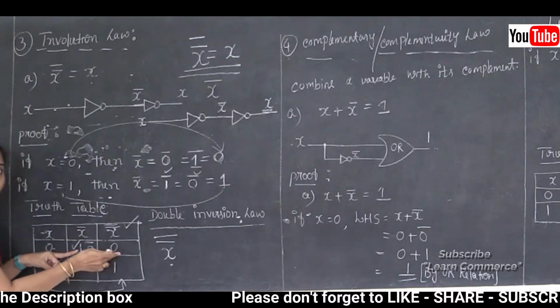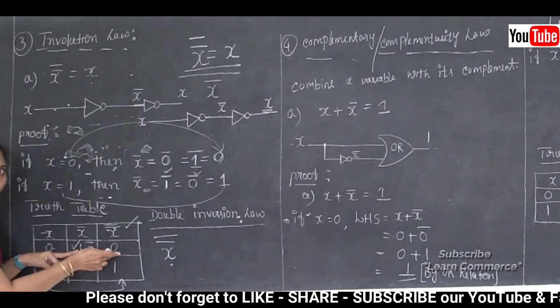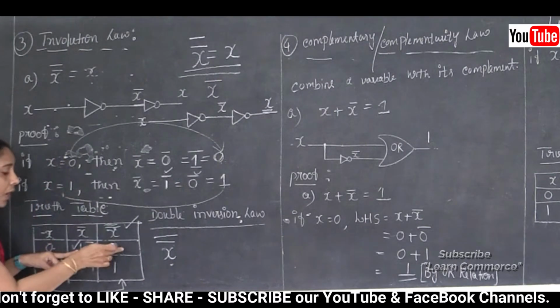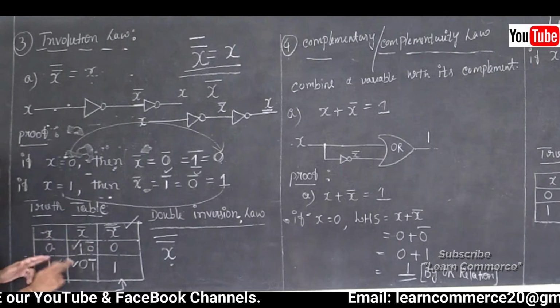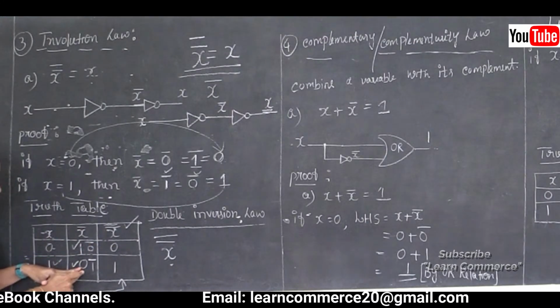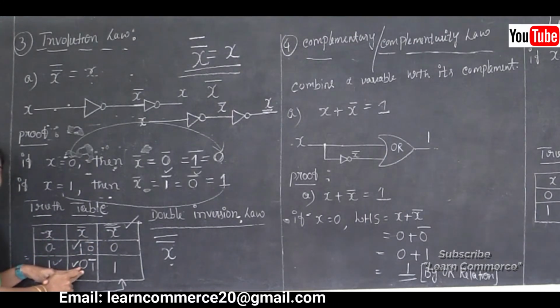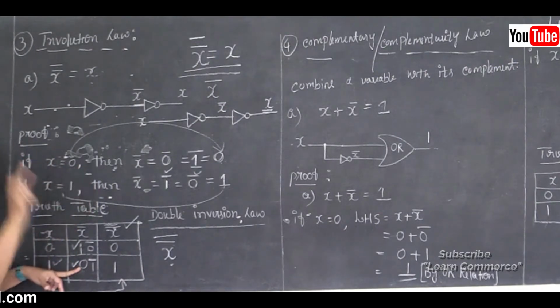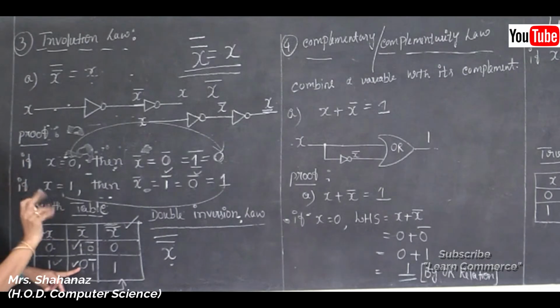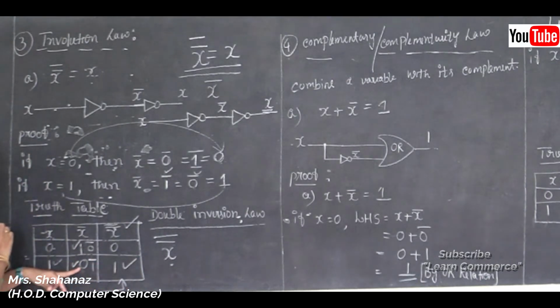Again we need to apply the complementation to the value 1. What value do we get for the complementation of 1? The value is 0. Next, in the second column the complement of x value is 0. When you use the complement of 0, or not false, we get the answer true, and true is 1.